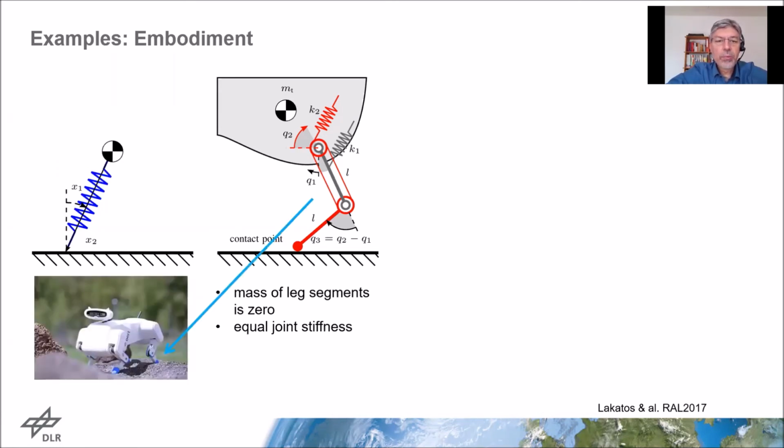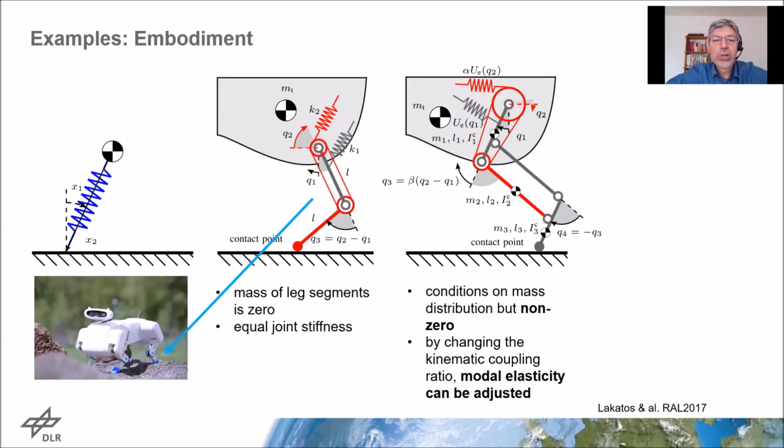Now we try to build robotic systems which embed the spring-loaded inverted pendulum model into a complex kinematic structure with legs with inertia and springs, and analyzed a two-segmented leg and a pantographic leg.